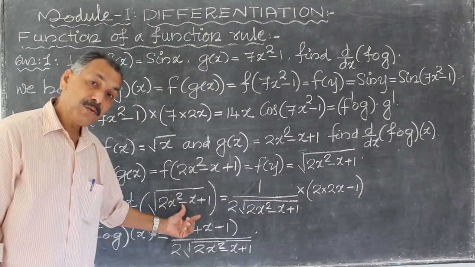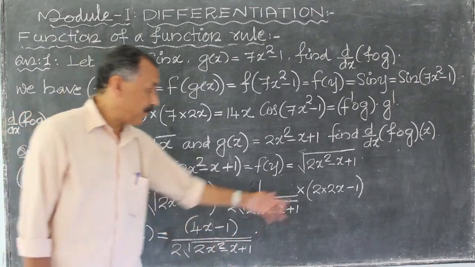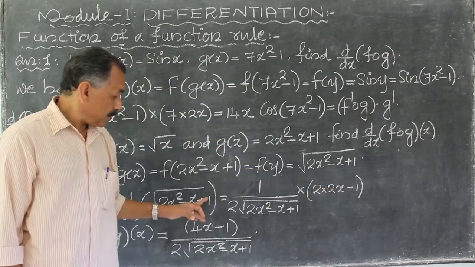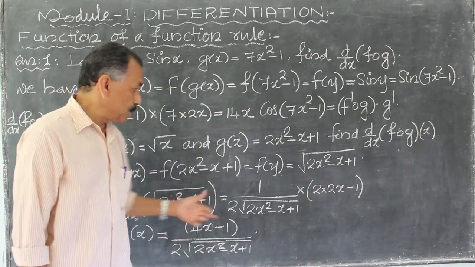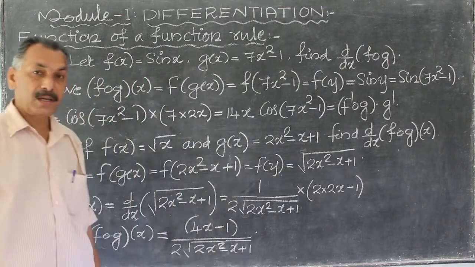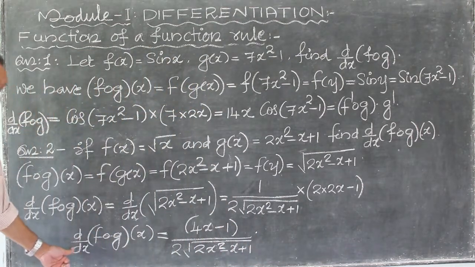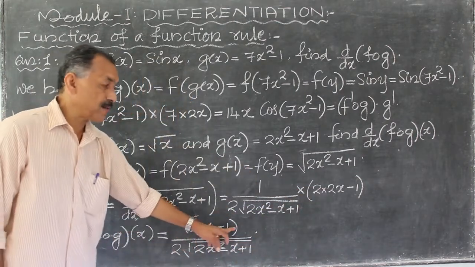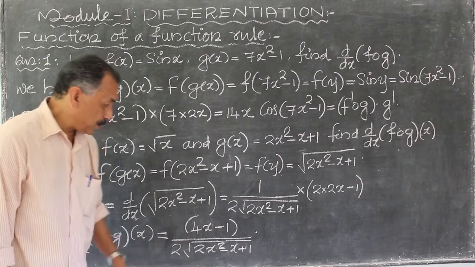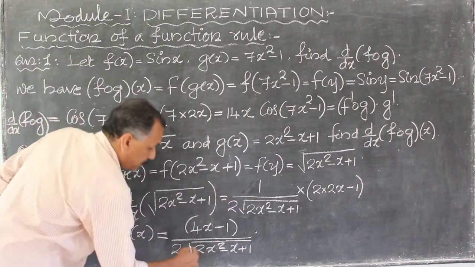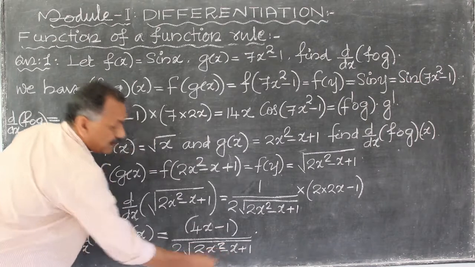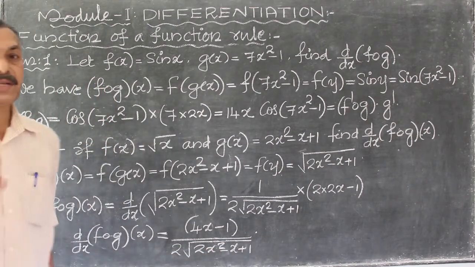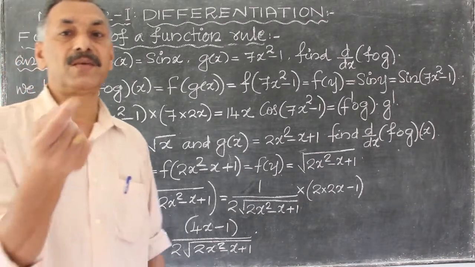What is the derivative of u? Here 2 into 2x minus 1 plus 0. That is 2 into 2x minus 1. Okay? That is d divided by dx of f dot g is equal to 4x minus 1 divided by 2 into root of 2x square minus x plus 1.